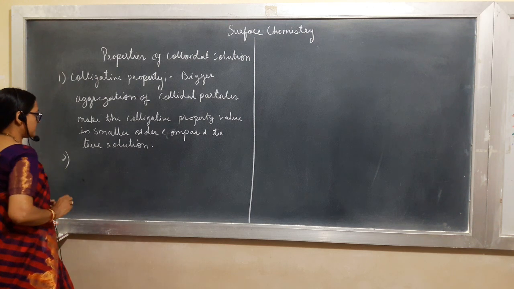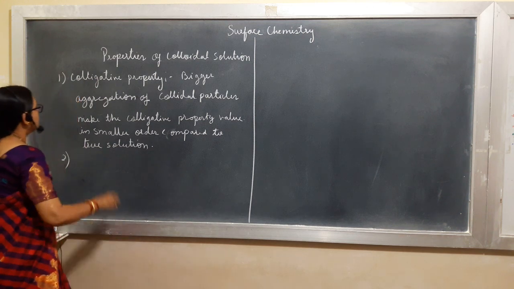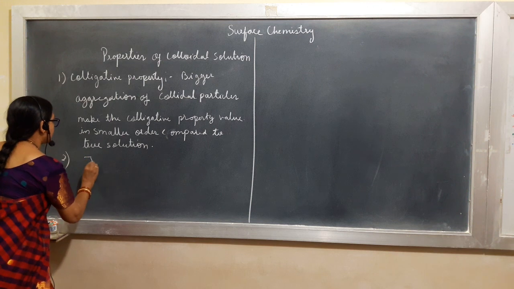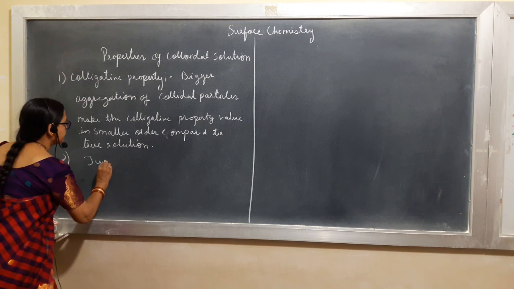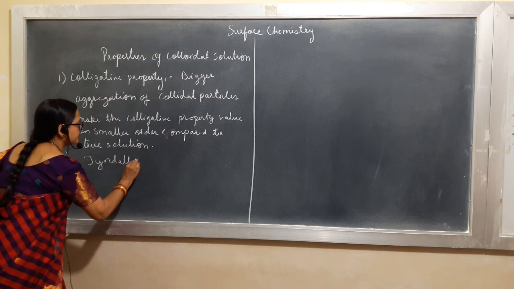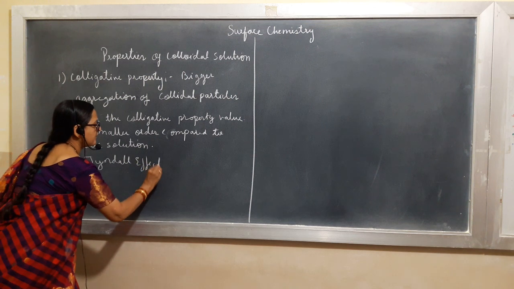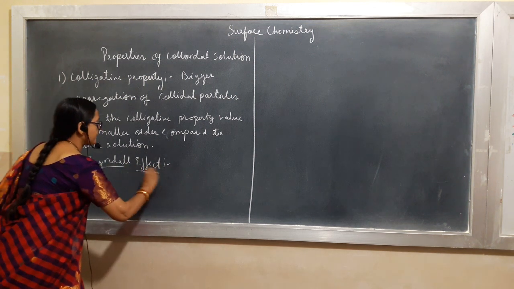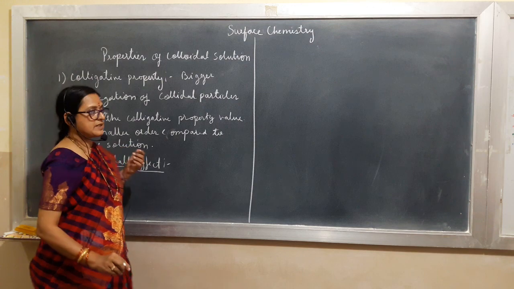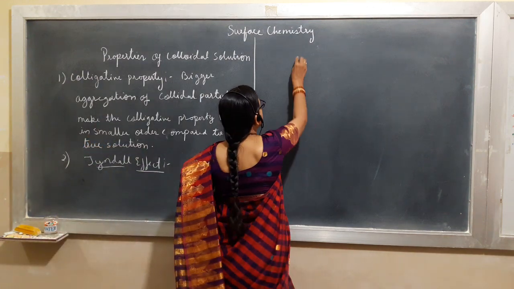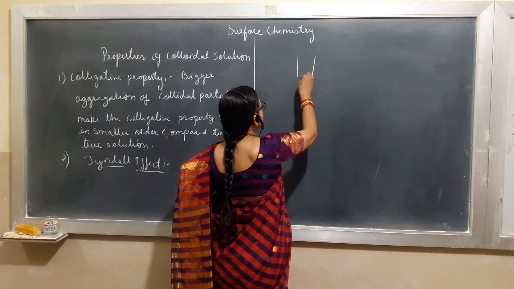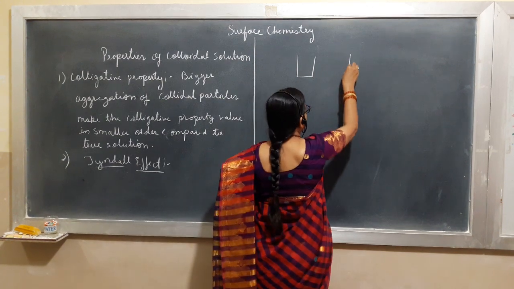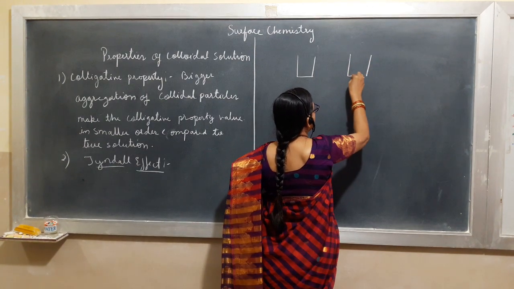Let us study the next one. Tyndall effect. We shall study the next property. To study this Tyndall effect, we are going to illustrate a few examples. Let us take a beaker. In this beaker, I have taken a true solution. Suppose salt and water I have taken.